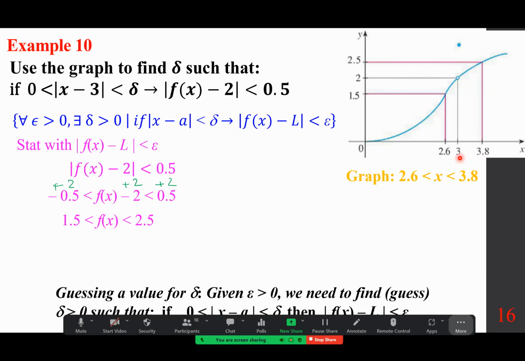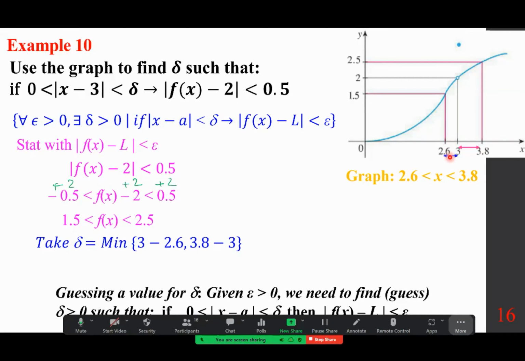So what do we take? We take delta to be the minimum of those two distances, meaning 3 minus 2.6 and 3.8 minus 3. I want you to look at this. This is the distance between these two, and this is the distance between these two. We always take the smaller of the two to be on the safe side. The distance between these two is 0.4, and between these two is 0.8.